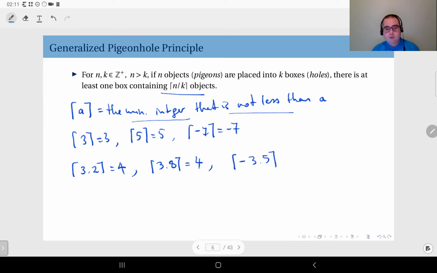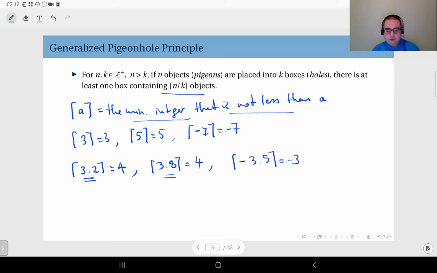Negative 4 here would be less than negative 3.5, so the ceiling of this should be -3. Okay, so this is not the integer part function. This is not a rounding function. You see 3.2 does not go to 3, it goes up to 4. 3.8 also goes to 4, but it's the ceiling function.